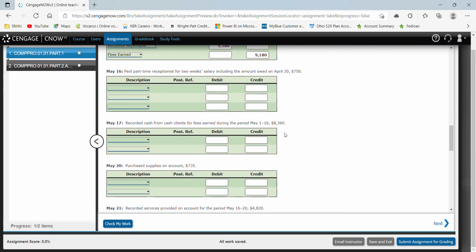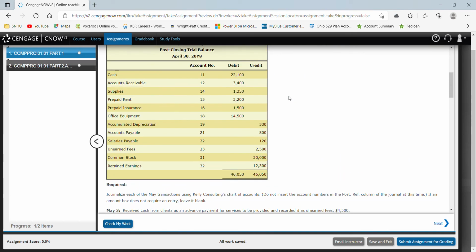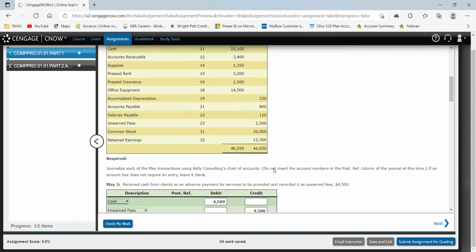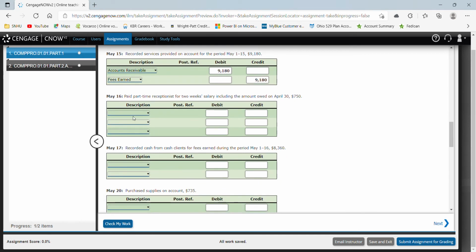And then this one's a little bit more tricky. We paid a part-time receptionist for 2 weeks' salary, including the amount owed on April 30th. So if we scroll up, it's a little trickier. We had salaries payable on April 30th of $120. So we're going to go down here and record the expense first. We're going to have a salaries expense, we're going to have salaries payable, and we're going to have cash.